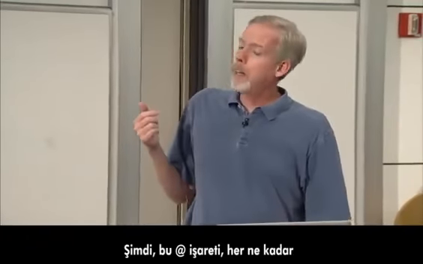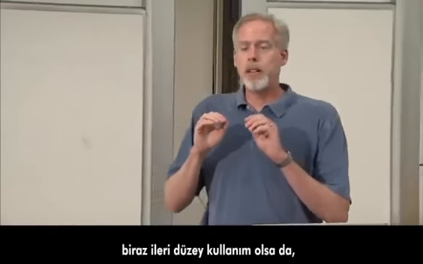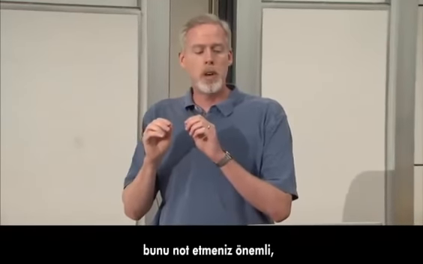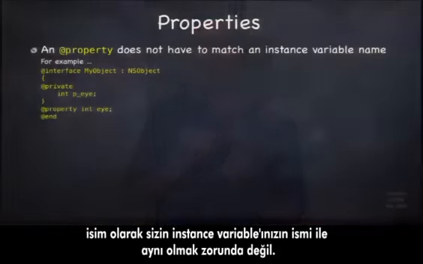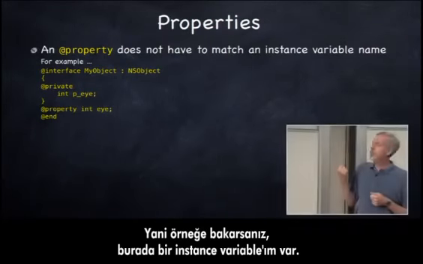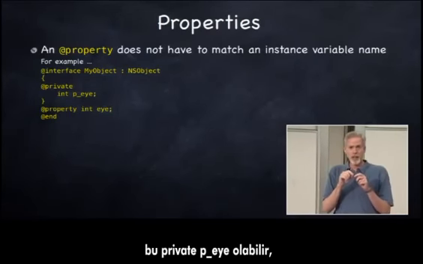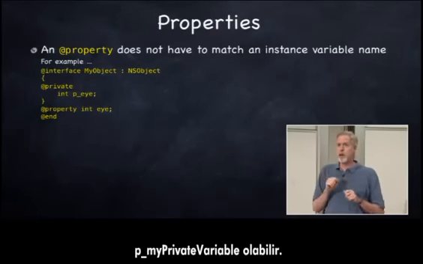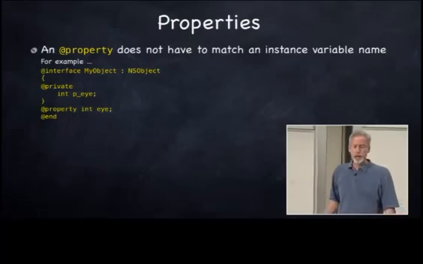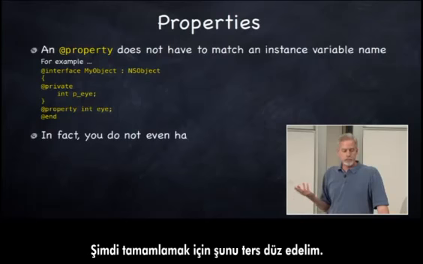Now, this @property thing, this is where you get to a little bit advanced usage, but it's important to note, it doesn't have to match the name of your instance variable. So for example, look, I've got an instance variable here, p underbar I, maybe that's private underbar I. I put p underbar on my private instance variables, and yet my property is still called int I. Now, that turns out to be okay.